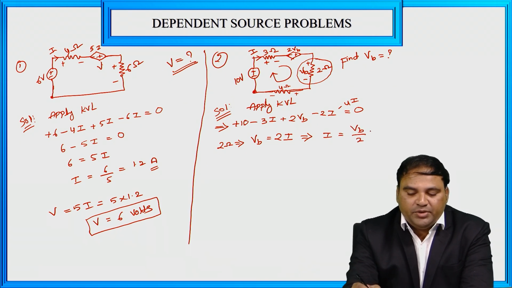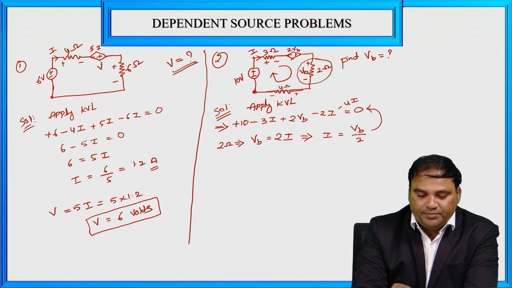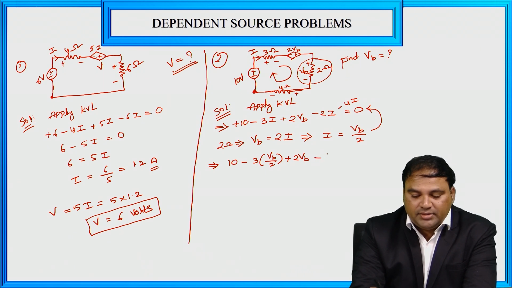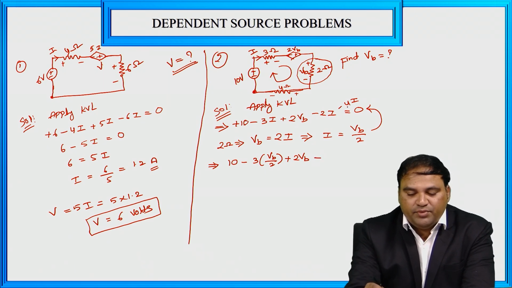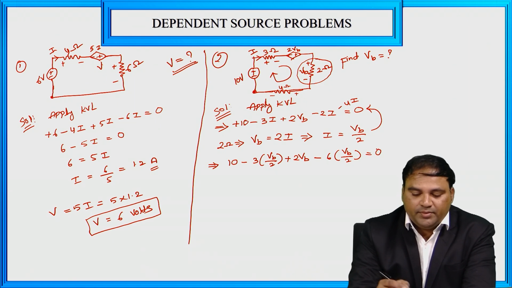Now substitute this I value in this equation, and you will get the VB value. So 10 minus 3 into VB divided by 2 plus 2VB, minus 2I minus 4I, so minus 6 into VB divided by 2, that is equal to 0.